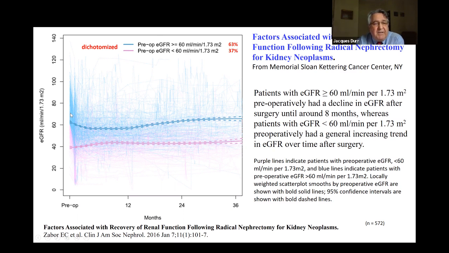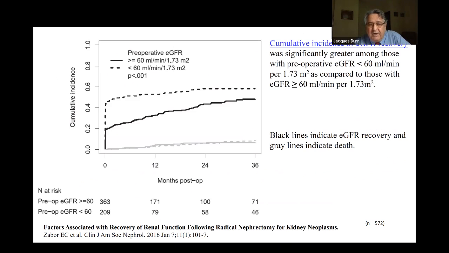As you can see, patients with better GFR had a progressive decline post-op to about 8 months and then regained their pre-op GFR value, whereas the patients with lower GFR to start with didn't have a fall, but had a progressive increase over time. So again, this is a little paradoxical, but not if you look at what predicts the recovery.